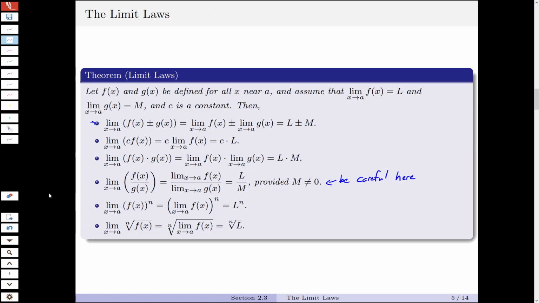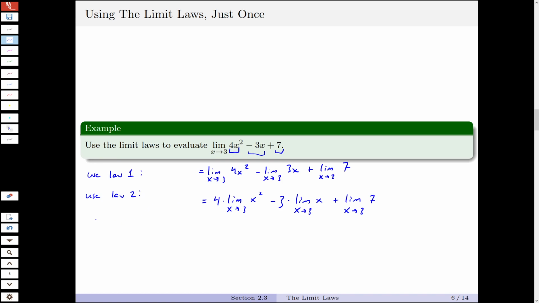Okay. Now I'm going to use, if I was counting, this would be number 5, the limit law that has to do with powers. So I can write that as 4 times the limit as x approaches 3 of x, that is then squared.